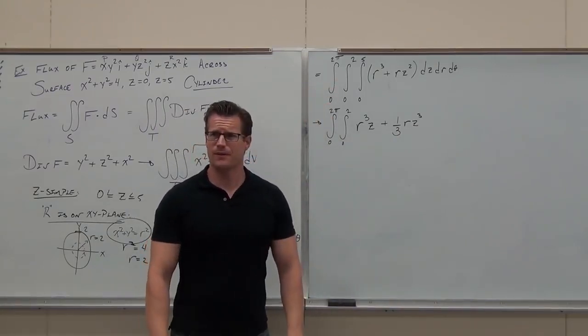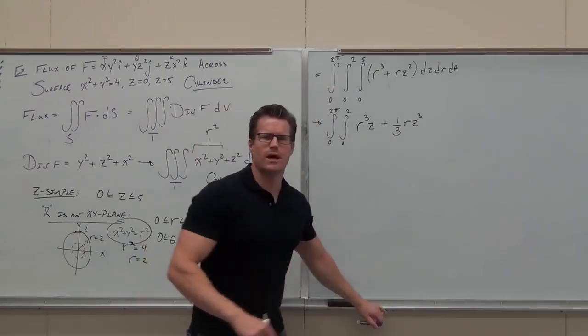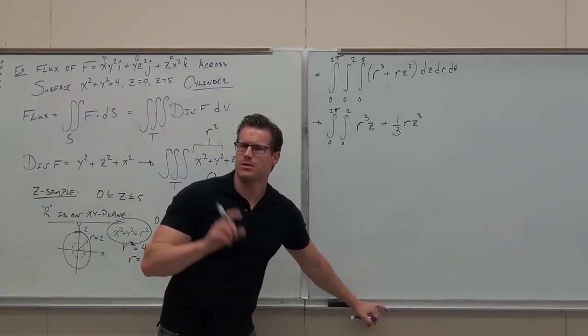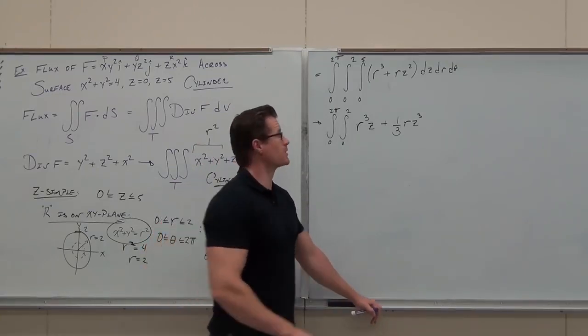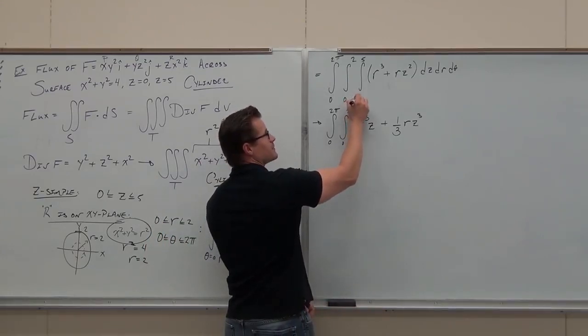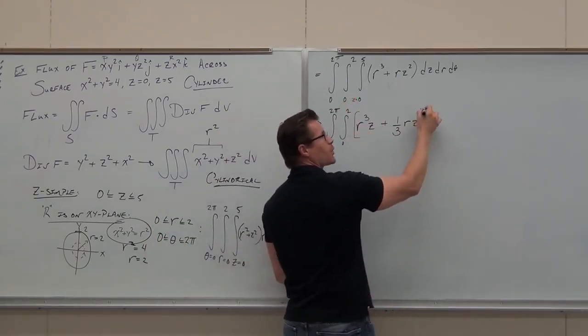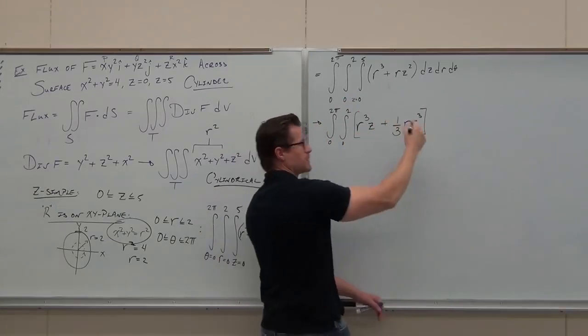Did you make it that far? Sweet. Basic integral. What do we do now? Plug in for what variable? Very good. That's why we typically write this stuff down, so we know what variable we're working with at that time. Integrate with respect to z, you're plugging in for z's.